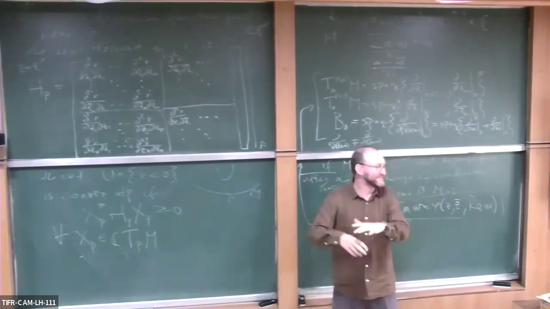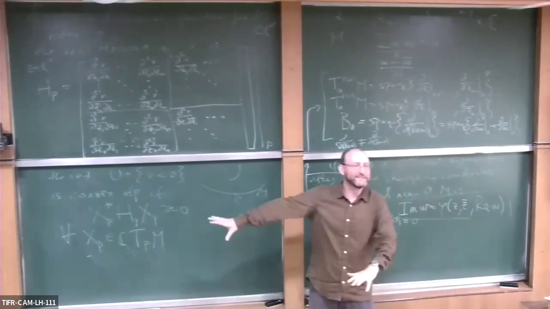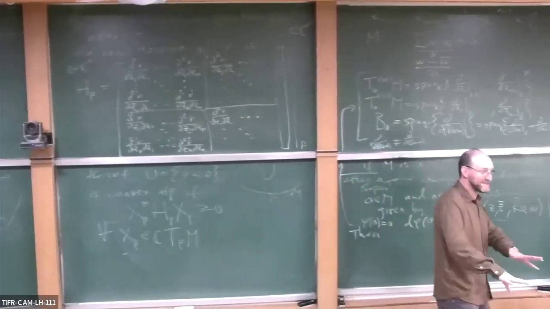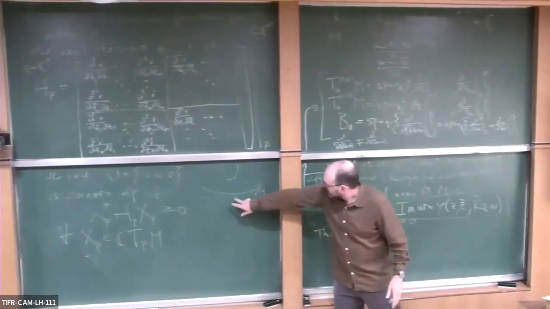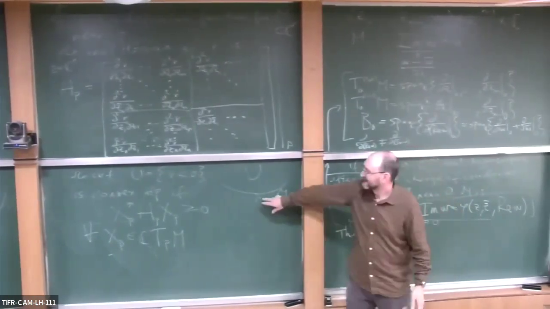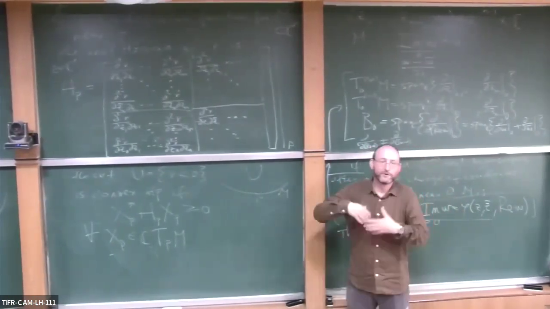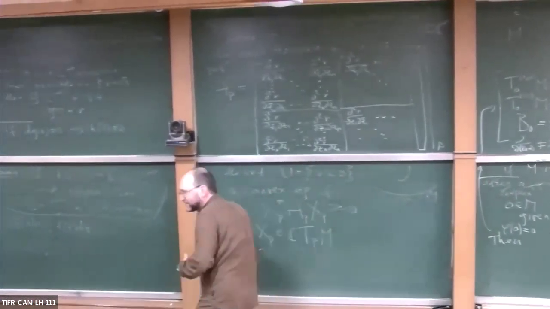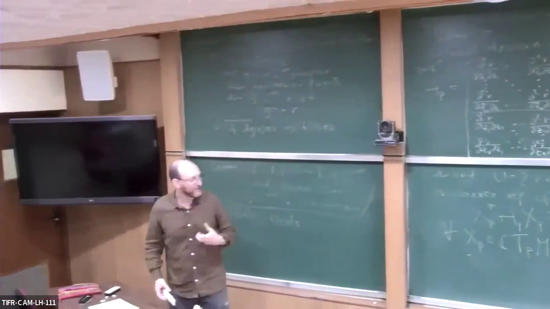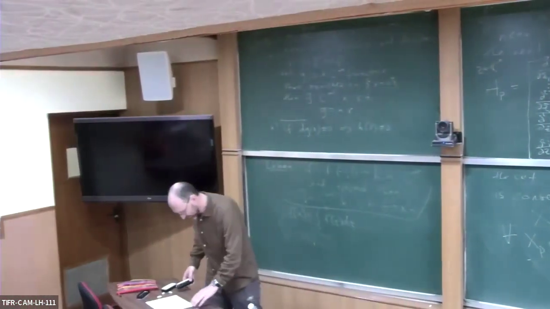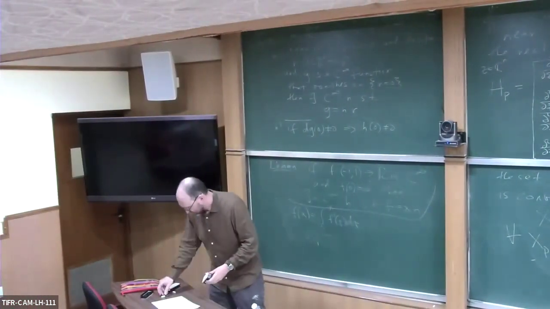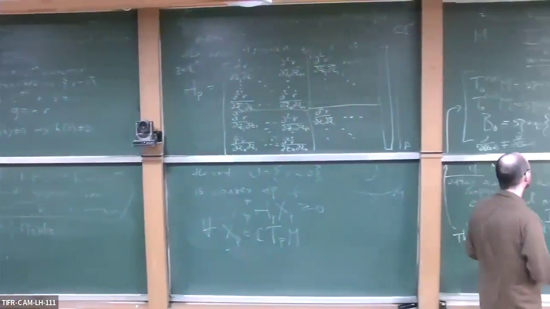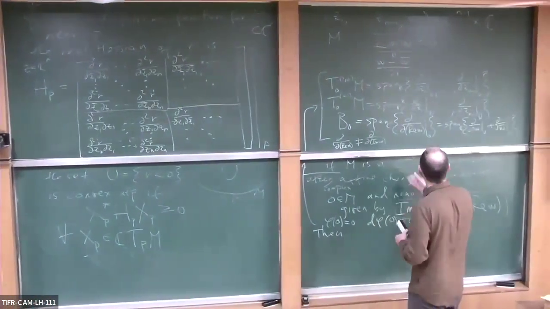But if you have a connected U, a domain with smooth boundary, then this local condition will give you the classical convexity as well. And as we said, classical convexity is not the thing that we want, because it is not preserved under biholomorphic change of coordinates. We'll do that computation.